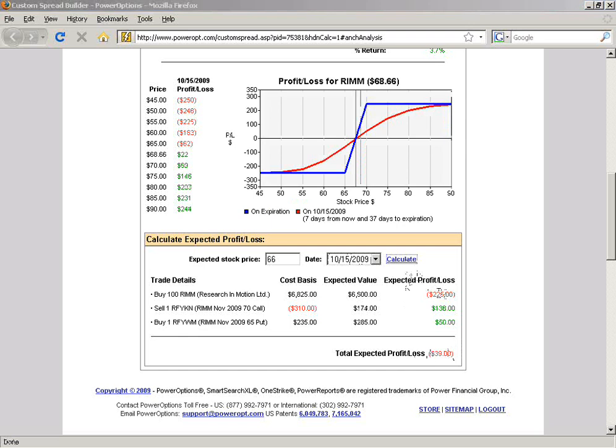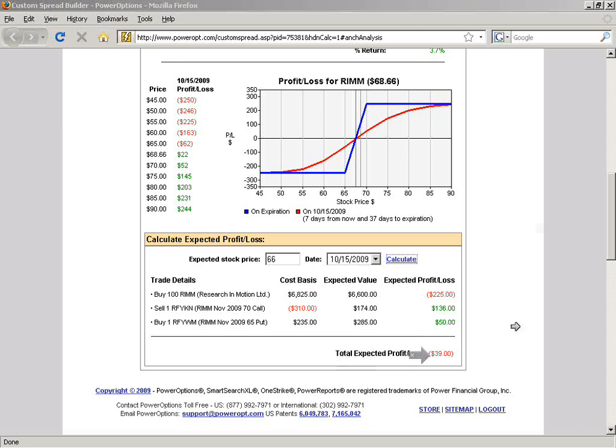Here we see now we have a $225 loss on the stock. We'd have a $136 gain on our call. We sold it for $310, and if the stock was trading at $66 on October 15th, we'd have a gain of about $136 because the call would drop in price. At the same time, we have a gain in the put option, but we see down here at our total expected profit and loss, we'd have a small loss on the position.